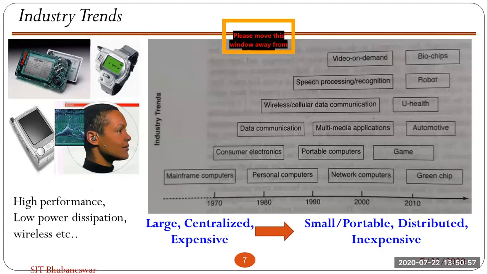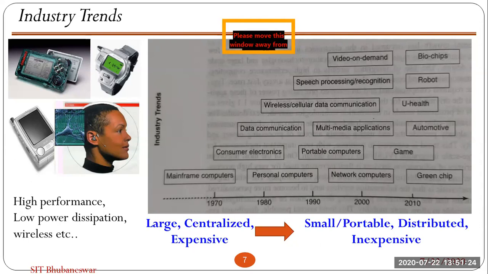Actually, why is the chip size always going down? We are getting better performance, and the speed is also very nice. This is the industry trend. People are demanding portable devices, low power devices, and high speed, high performance devices.